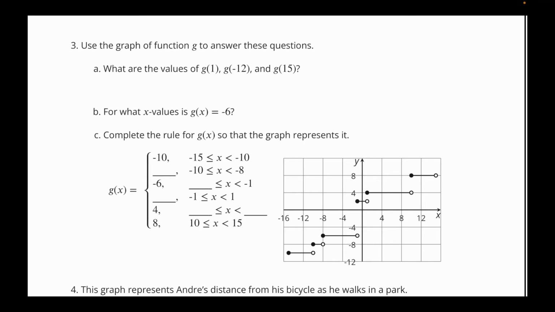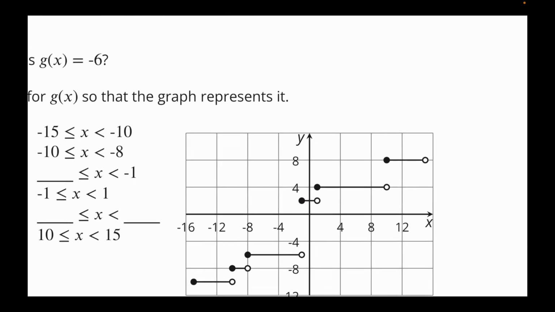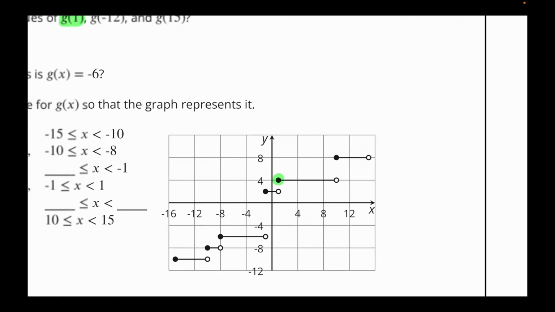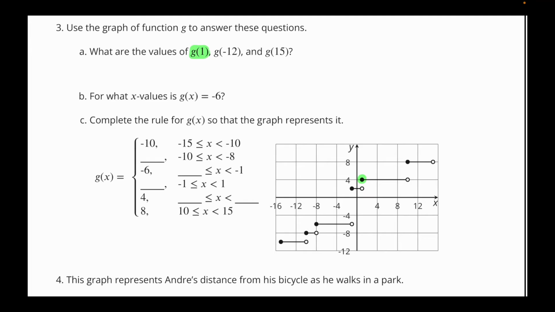So g of 1. It looks like that one here is this value, g of 1. So what is this? That's a 4.